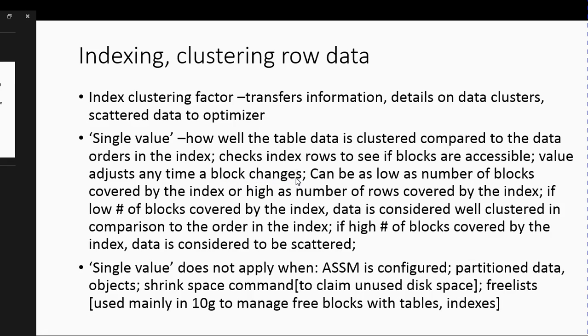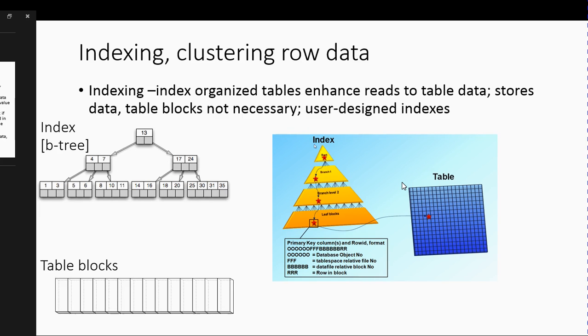So going back to the diagram that I had earlier, this is what I'm referring to in terms of dealing with the blocks, right? If you have a large number of blocks, that means your environment is not well clustered. But if you have a small number of blocks, that means your environment is better clustered, and that's better for faster access, right?